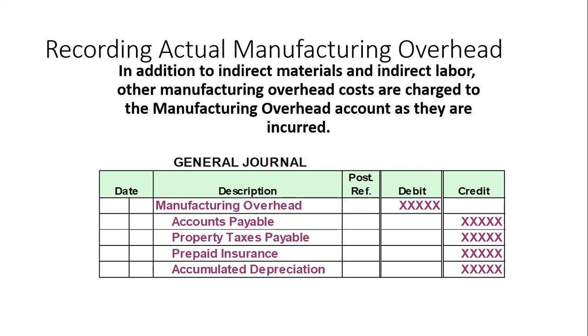So that is for the other overhead related to the factory, right? Then for example, you have depreciation of the machine, let's say 10,000. So debit manufacturing overhead and credit accumulated depreciation. So we do not record a debit to depreciation, but we include it under the T account of manufacturing overhead, right?